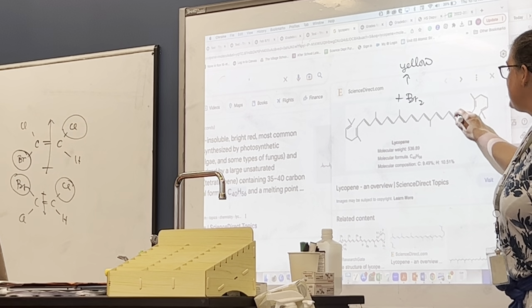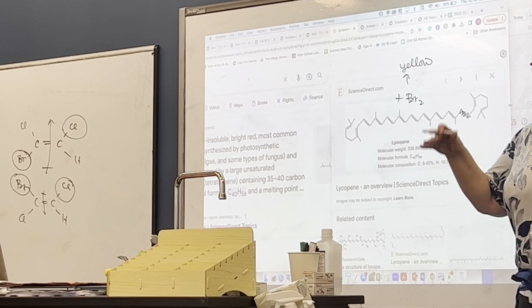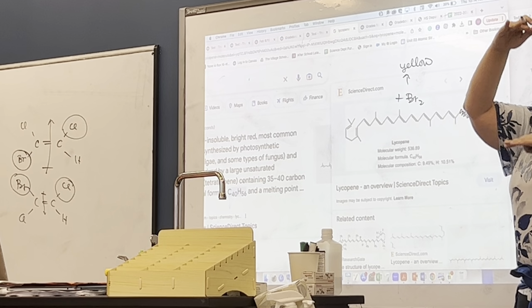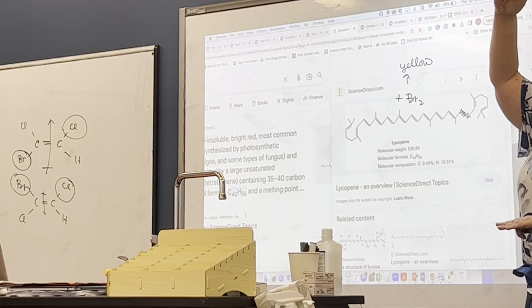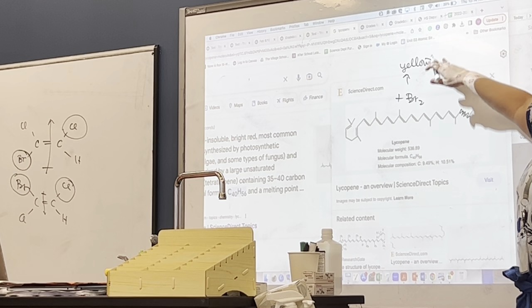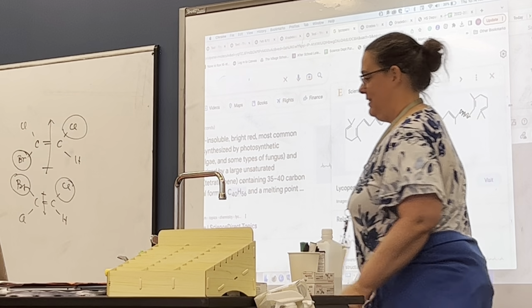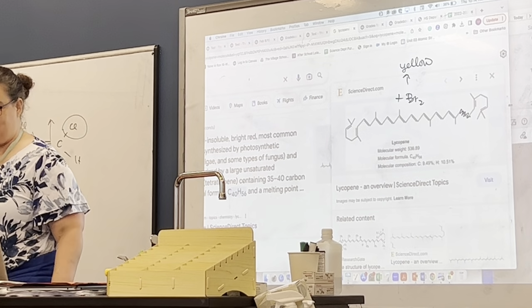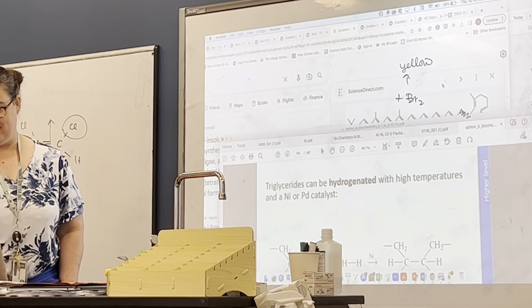Let's say it saturates this one. What happens to my box? If my box gets shorter, what happens to my energy levels? This should now absorb higher energy light. It does. It absorbs violet instead of green. It's just a really nice question about addition reactions that didn't have to do with saturated fat, but did have to do with last time. I thought it was a good non sequitur.